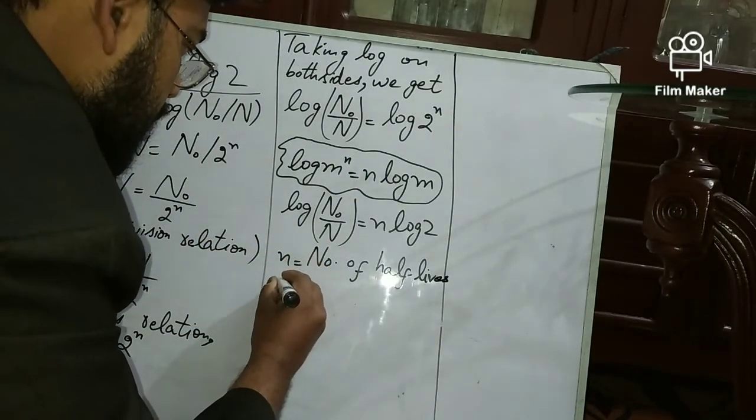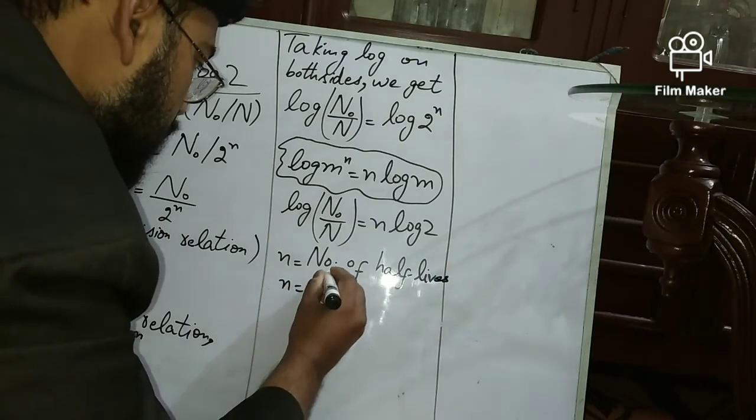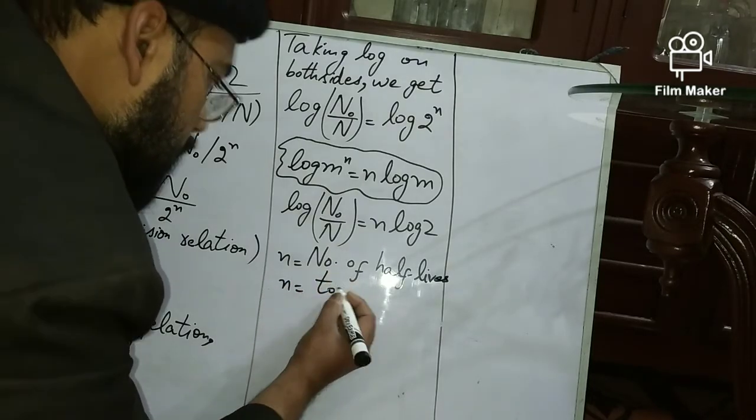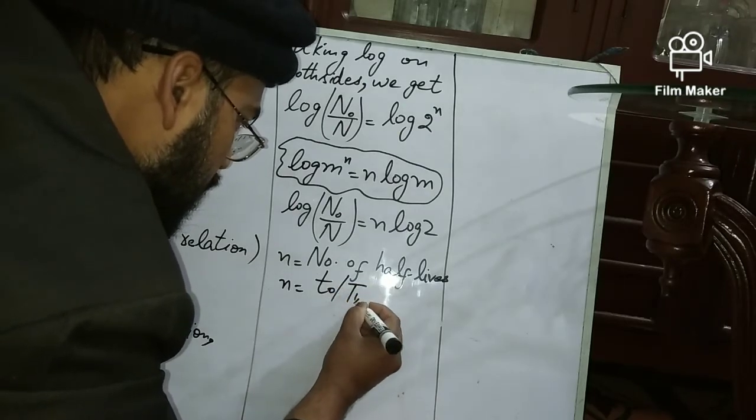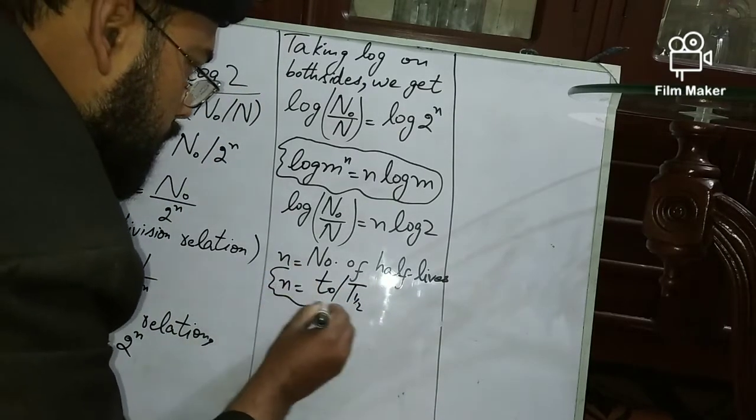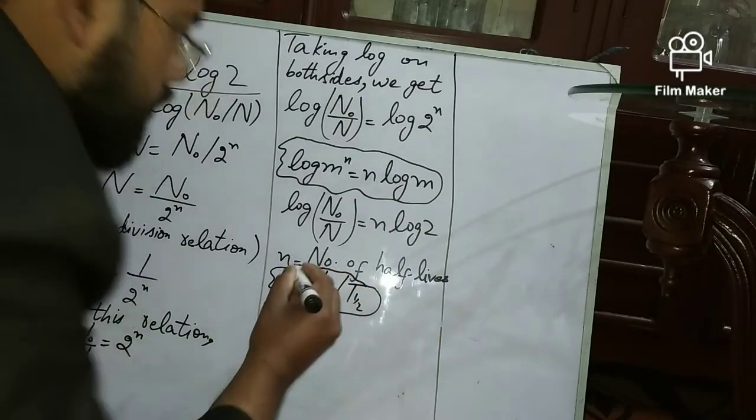That is, n is equal to t naught over t half.